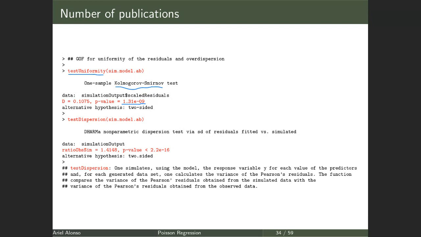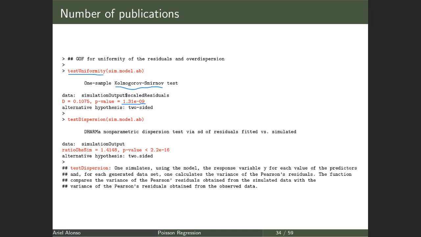Now, when you have this type of misspecification in Poisson regression, one thing that you need to always think of is dispersion, because the Poisson distribution makes a very strong assumption. It states that the mean and the variance should be equal. Now, in reality, that doesn't happen frequently.